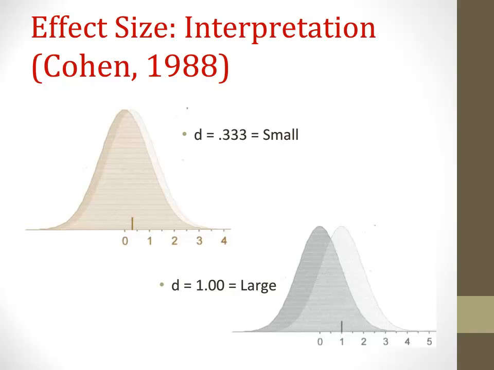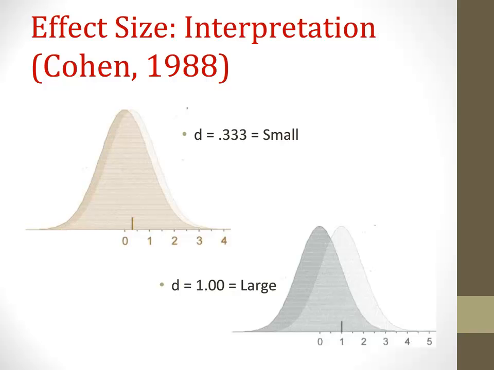But what we do see here is that we had an effect size of 0.333, which was small. The graphic in the top left, in a brownish color, illustrates the non-overlap. We have about a 20% non-overlap, or almost 80% overlap between the two groups.